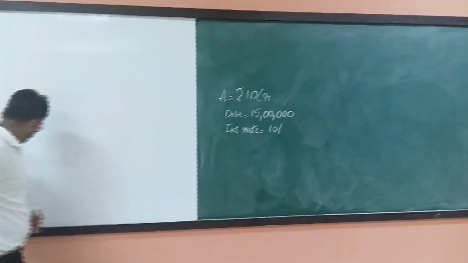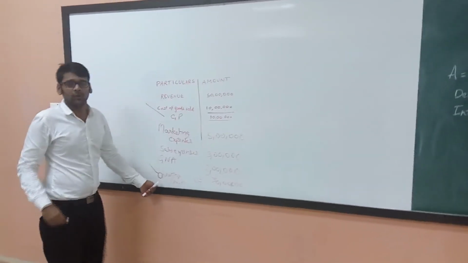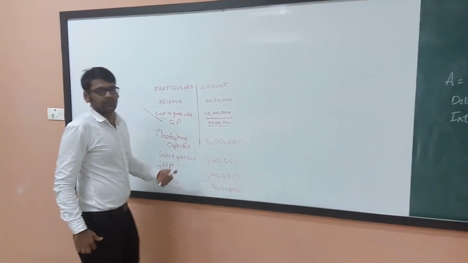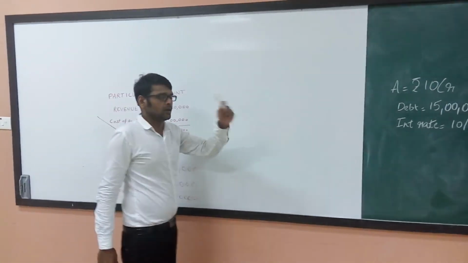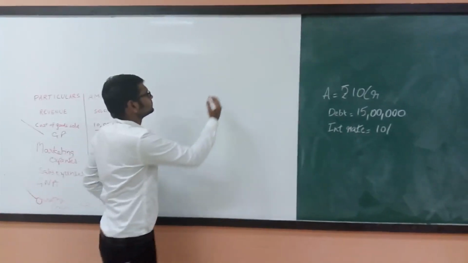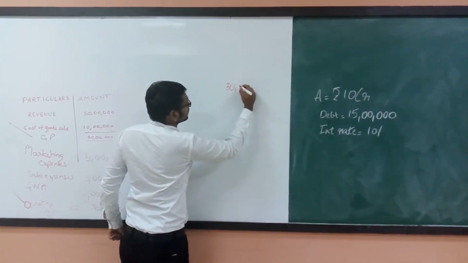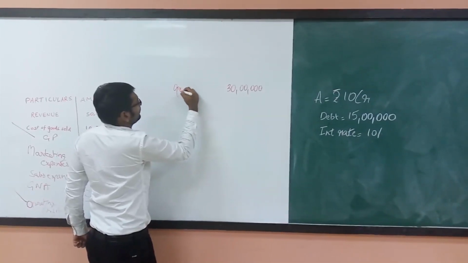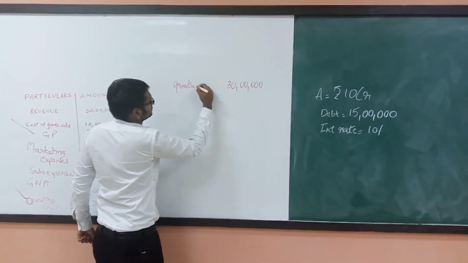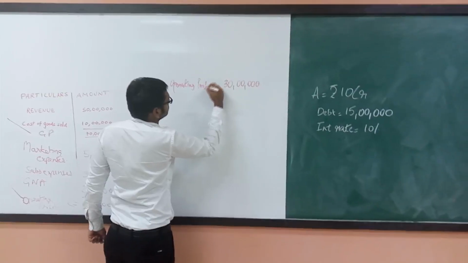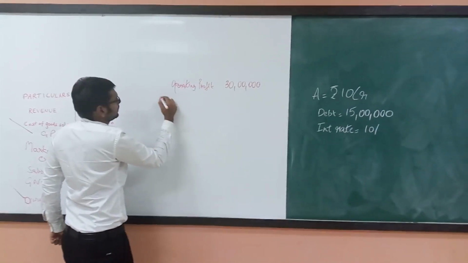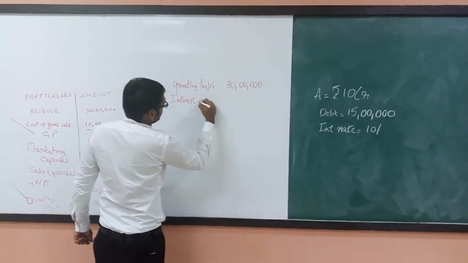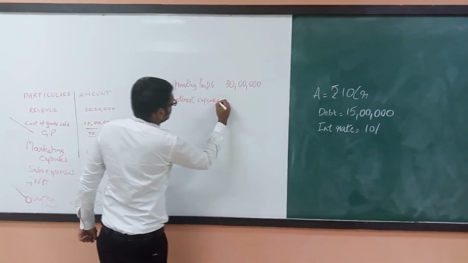Now, coming back to operating profit, this is not the profit that is taken home by the company. In fact, the operating profit will have to be reduced by the interest on debentures. That is, 30 lakhs as the operating profit minus interest expenses.